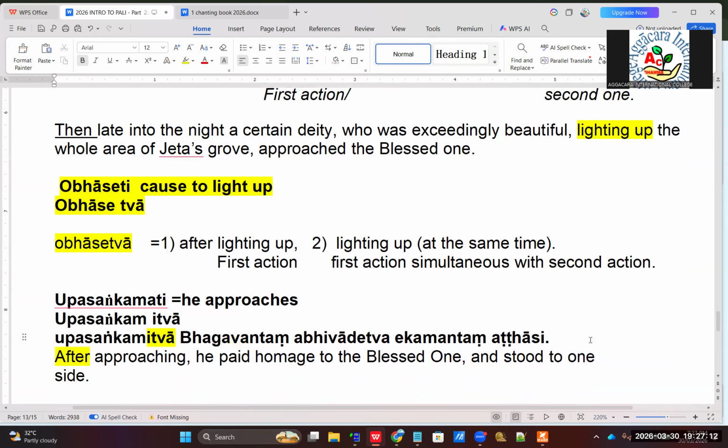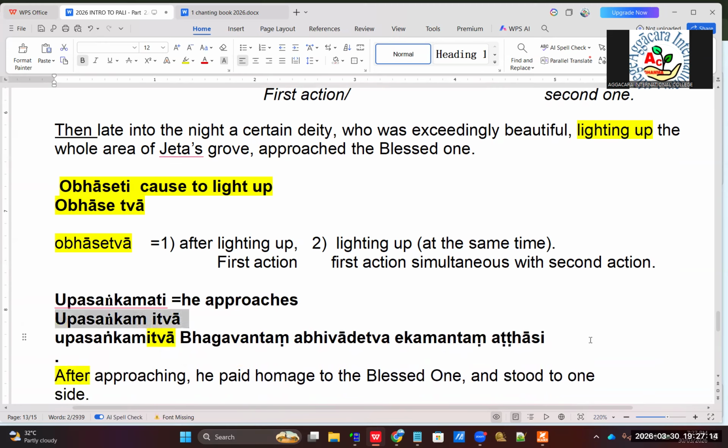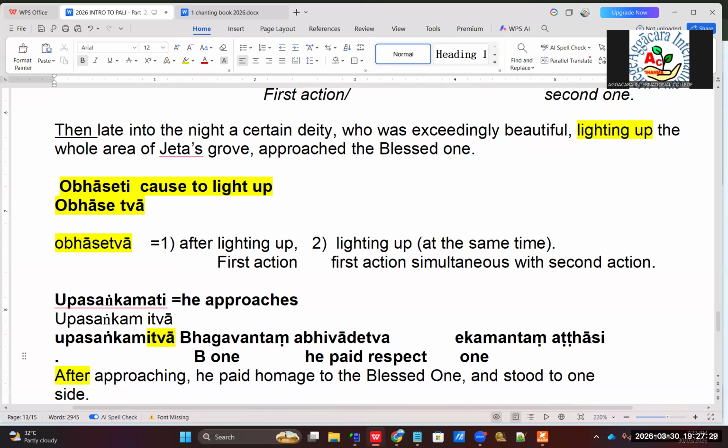Okay. Now this one is, so after approaching the Blessed One, so he pay respect. And then eka, one, mantam, side. So he stood. So after the deity approached the Buddha, he pay respect.